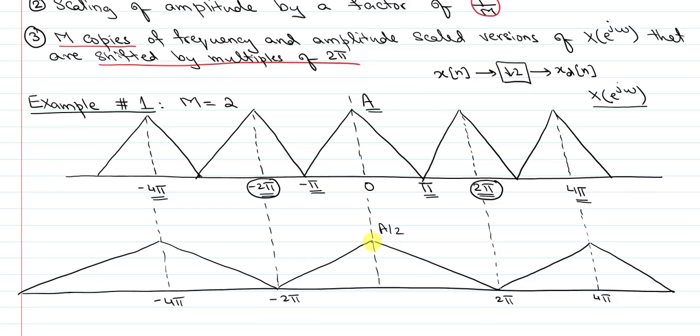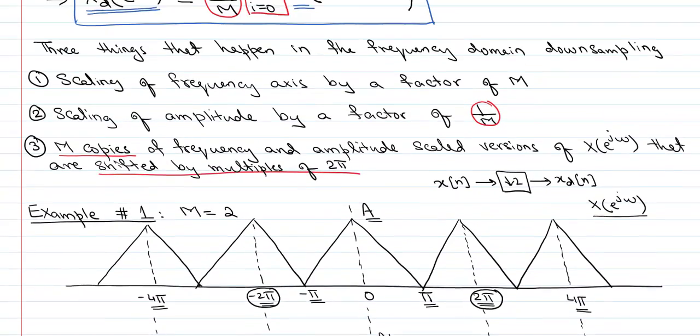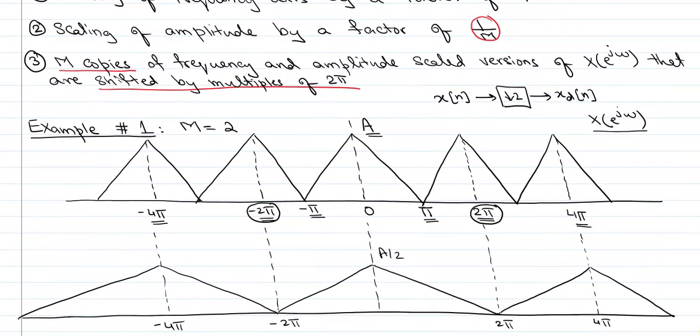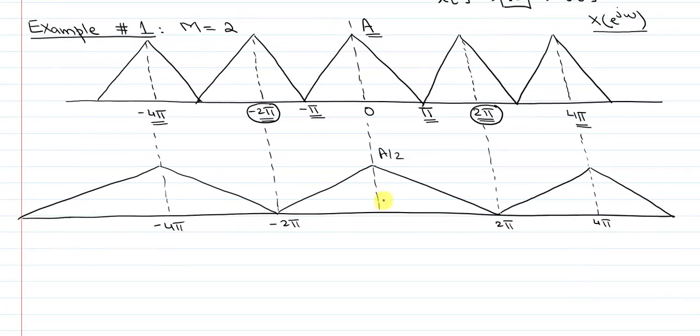Now this is just one copy. If we go back and look at the expression, I have two copies of this because the summation is from 0 to M minus 1. So I need one more copy of the same thing, but now shifted by a multiple of 2 pi. What would that look like?